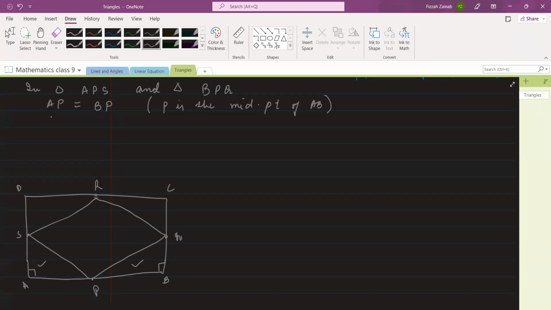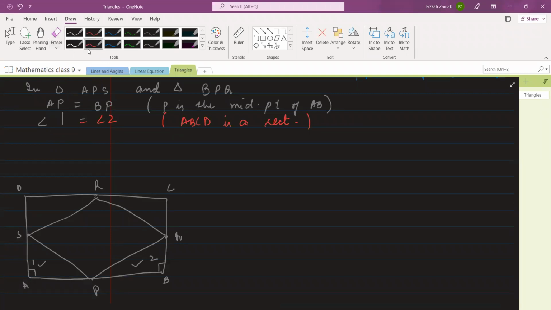So angle 1 is equal to angle 2, you can call it 1 and 2 if you wish. Why? ABCD is a rectangle, already given. Then again, PS is equal to, no, this I have to show, so I cannot say that.